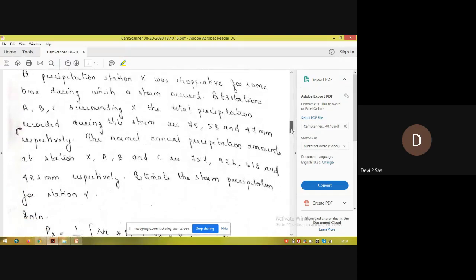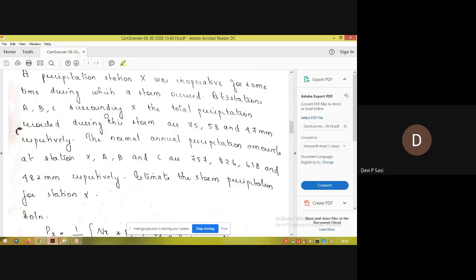Okay. So, what is M? M means the number of stations. It is given at 3 stations surrounding X. So, M is 3. We do not consider the inoperative station. Inoperative station A, X ne consider illa, but you consider the stations A, B and C. Okay.